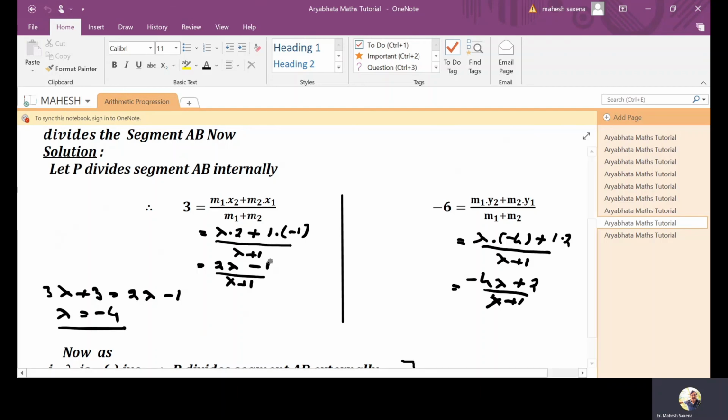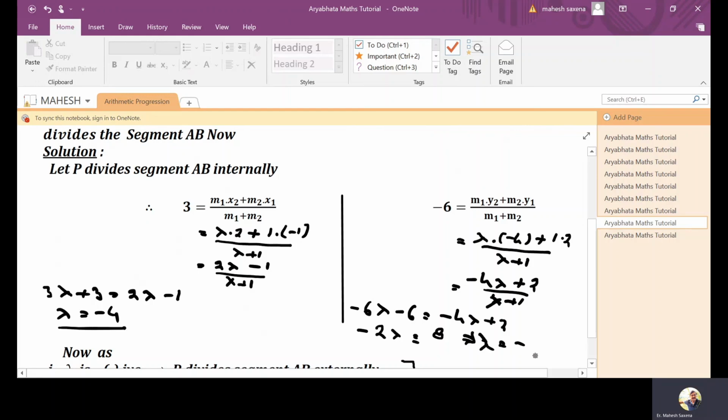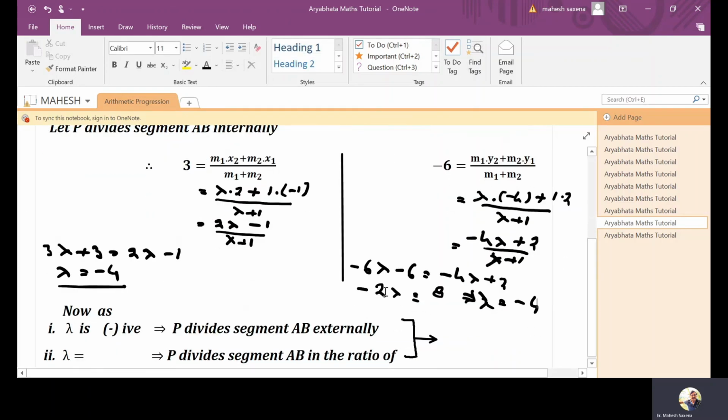When we cross multiply, we get minus 6 lambda minus 6 is equal to minus 4 lambda plus 2. That is minus 2 lambda is equal to 8, which implies lambda is equal to minus 4. Therefore, in both cases, lambda is coming as minus 4.